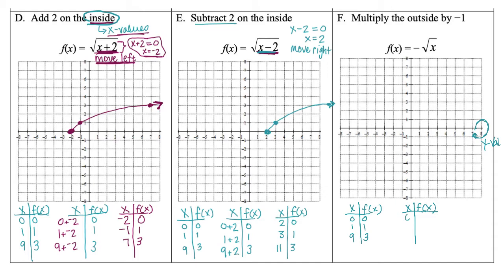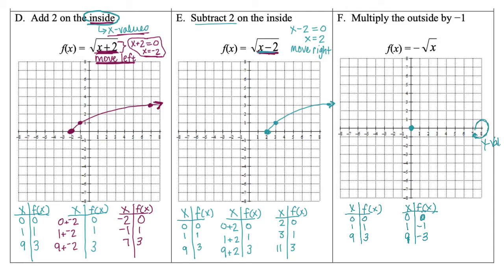So x's are going to stay, and y values, really they're just going to change signs, aren't they? So that means 0. Well, there's no -0. I've seen a hard try for some, but let's just leave 0 alone. And -1, and then -3. And let's see if that really does make what we want it to be.